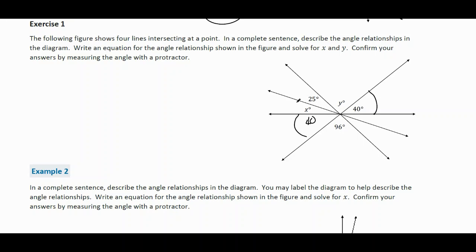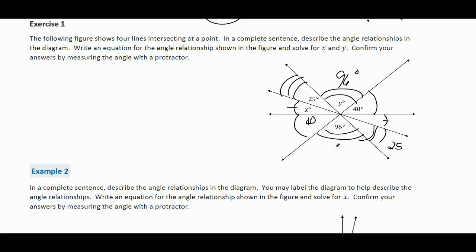Okay, the x is this one. The y, it's obvious, right? And of course, the 25 here, 25. Now we want to solve for x and y. It's obvious that y is going to be 96 degrees. Remember that if lines are intersecting each other, there are a lot of vertical angles there.